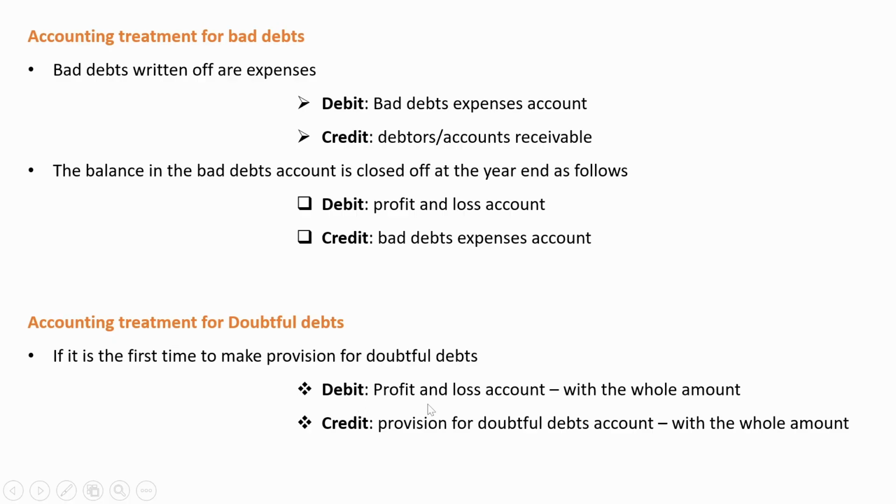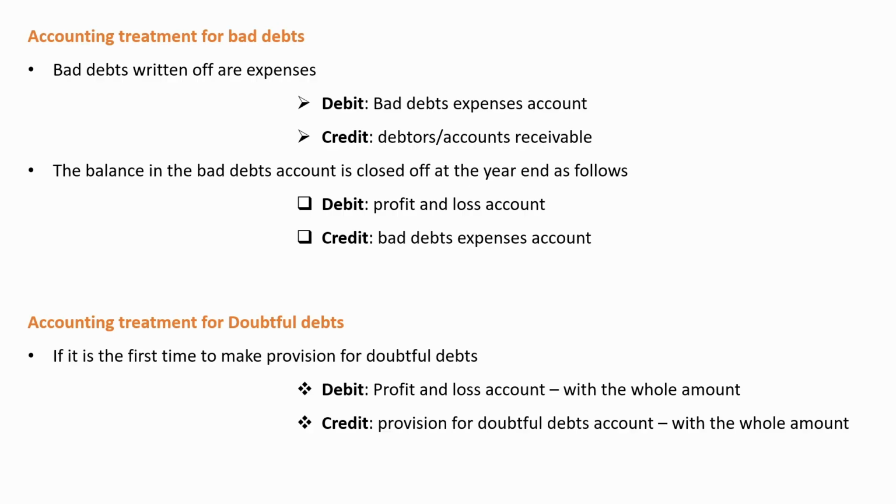We debit profit and loss account with the whole amount. And then we credit provision for doubtful debts account also with the whole amount. So keep in mind that this is when the business makes the provision for the first time, meaning they were not providing for bad debts in the previous years.